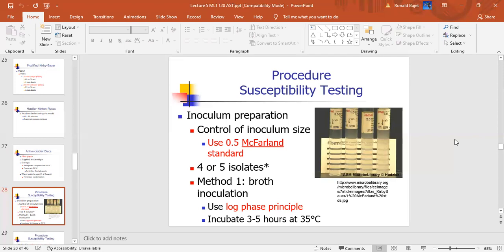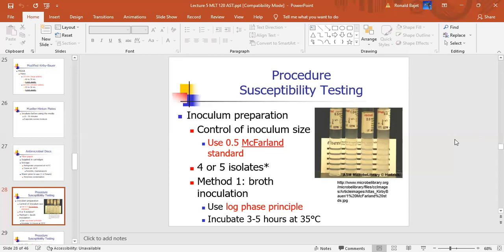You take a colony, put it in TSB, put it in the heat block and let it incubate. By 1 or 2 o'clock, usually after lunch in the microbiology lab, that's when you do your setups. Usually in the morning, that's when you do your reading. You read your cultures, then you go to lunch, come back, and do your setups.